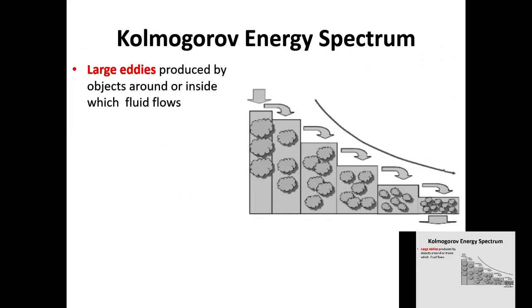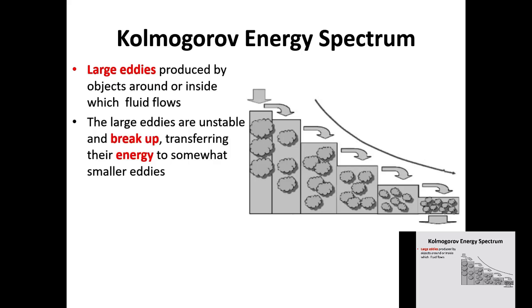Okay, we'll look at what is called the Kolmogorov energy spectrum. In turbulent flows, you have large eddies, big eddies, and these large eddies are not stable; they break up.